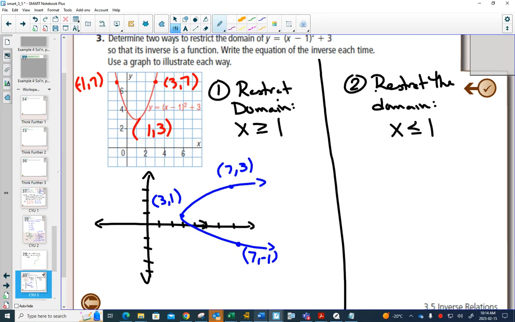So that was already two questions. Question 1, restricted once. Question 2, restricted again. Then it asks for an equation each time. So that's another 2 questions they're asking. And to show it graphically for each one, which is another 2 questions. So this is a complicated question, because you have to do 6 things.